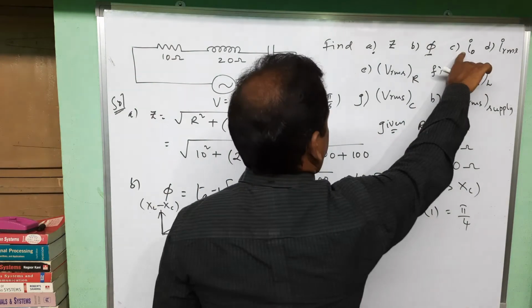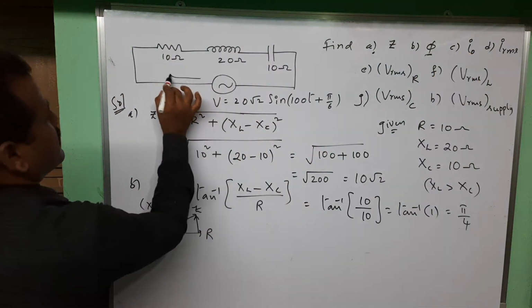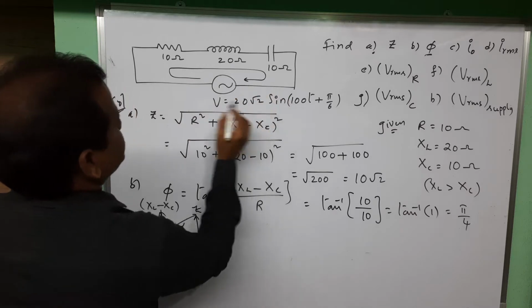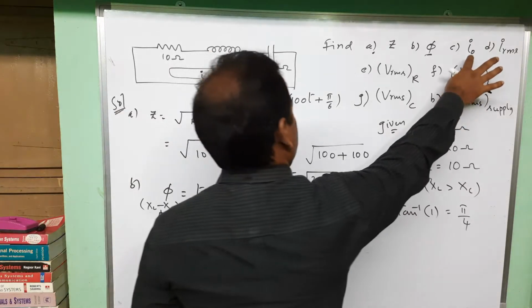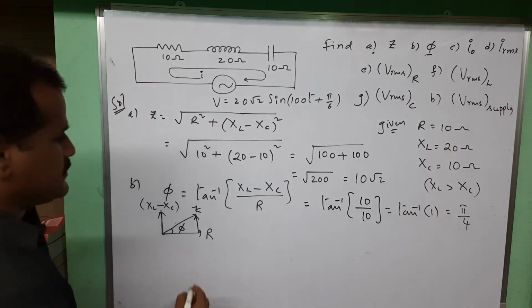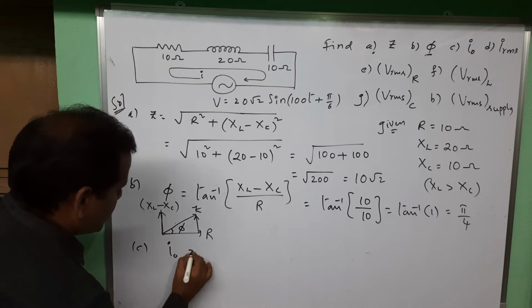Next value is the peak value of the current flowing in the circuit. So the current flowing, consider that I. What is the peak value of this? So the peak value of the current is I naught.